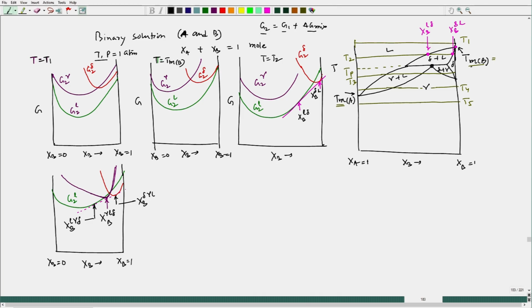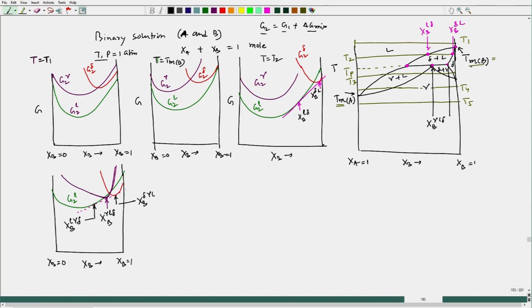Now, these three points are marked here. This is one point, this is another, and this is another. This is the composition XB of gamma in equilibrium with liquid and delta.